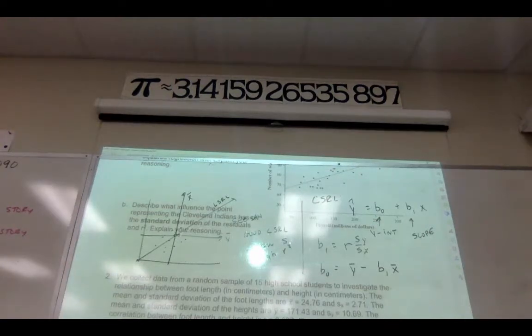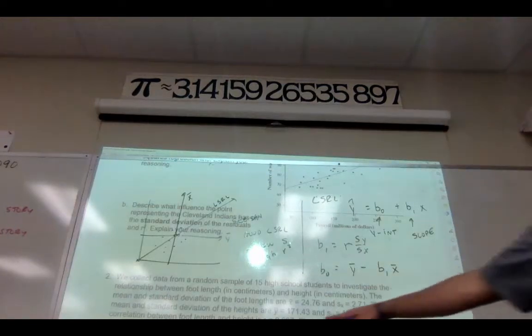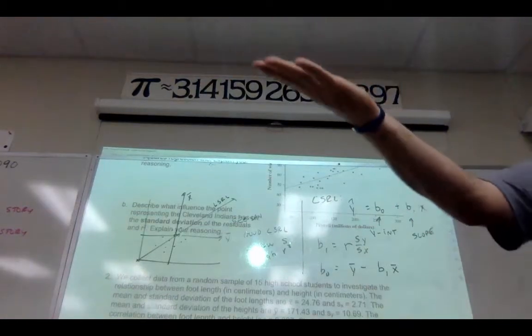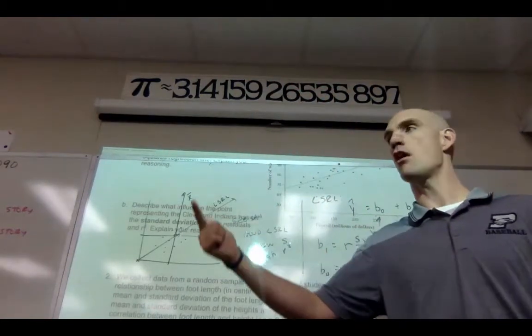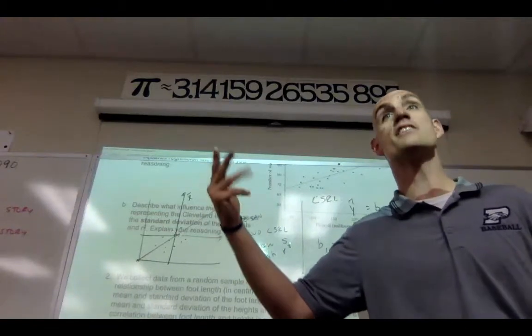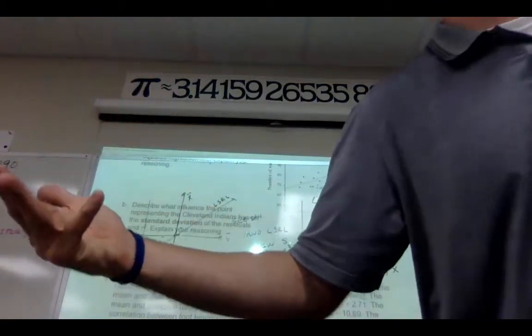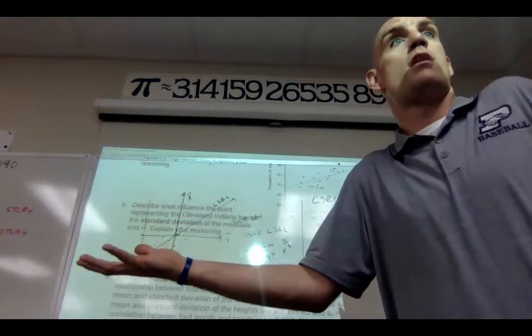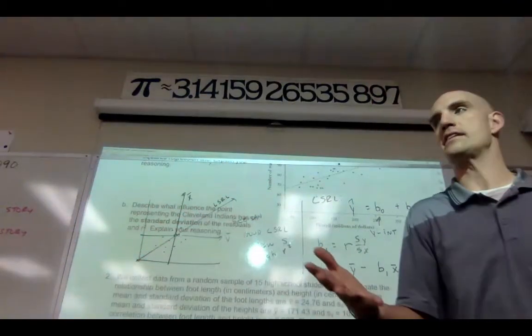So interpret that real quick for me. I've given you the r value. Roughly positive, roughly strong. Moderate is a better word. Moderately strong, positive linear association between foot length and height.